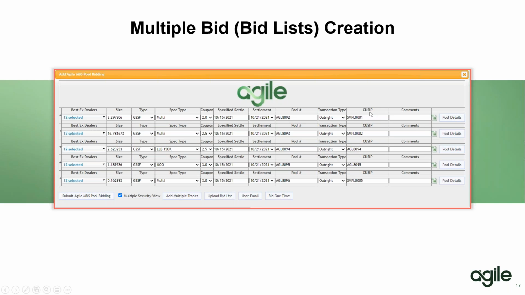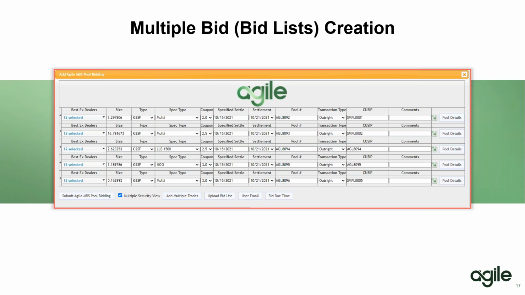And then we also have the QSIP, and that would also follow along with the MIP. So for any multi or MJM pool, this QSIP and MIP column is going to be populated for you and for the dealer.